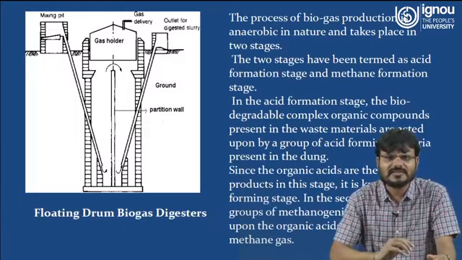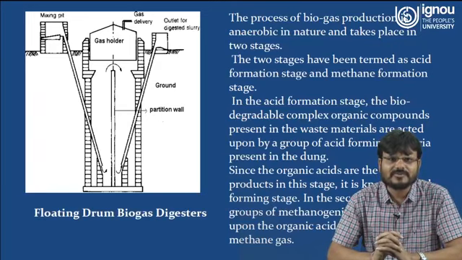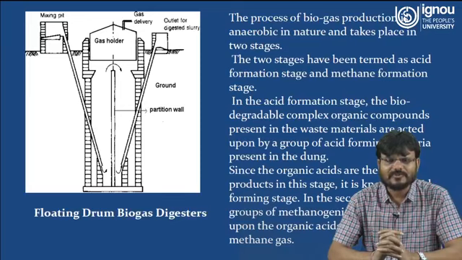Here you can see a floating drum biogas plant. Here you can see the different units like gas delivery, gas holder, outlet, inlet, mixing pit. The process of biogas production is anaerobic in nature and takes place in two stages. The two stages are termed the acid formation stage and the methane formation stage.